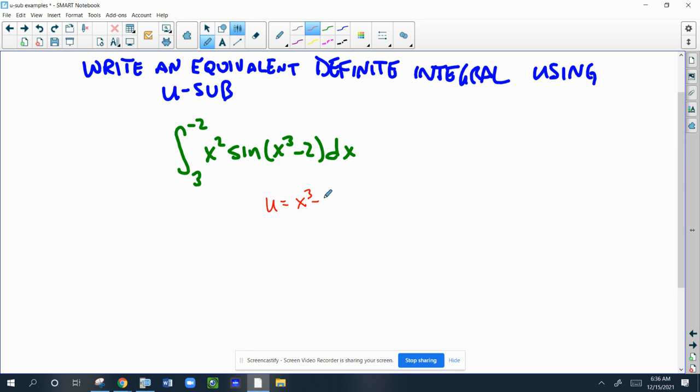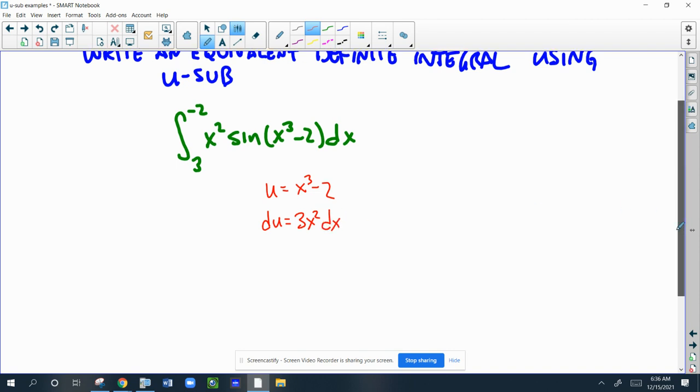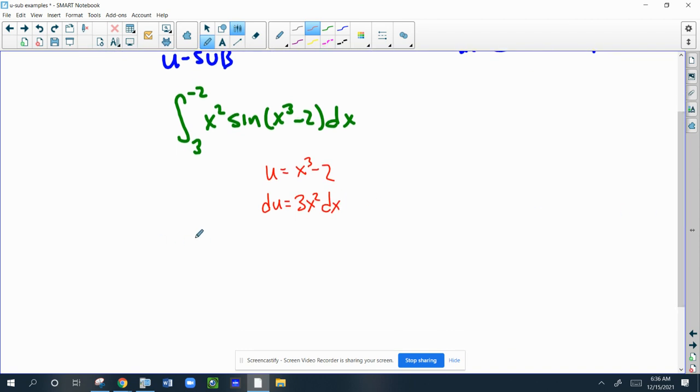For one, it's an inside function, but better yet, the derivative is 3x squared dx. So we have that x squared dx out here. So that seems like the way to go. So now you start making all of your substitutions, and again, those are relatively easy.